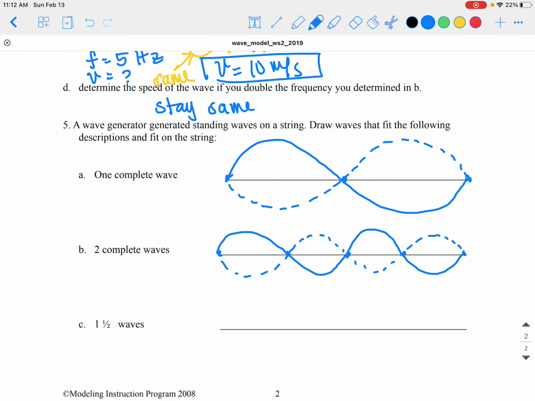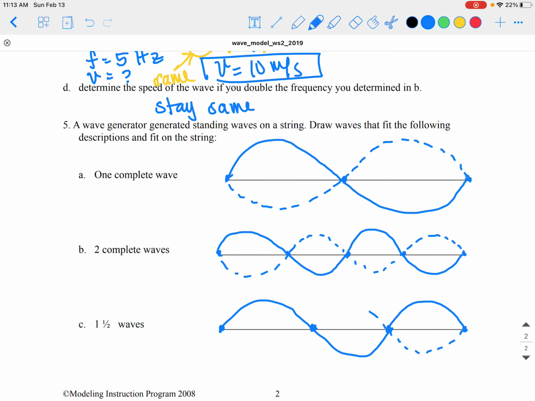So 1.5 waves has 1 complete wave, so that would be 3 nodes, and then it has 1/2 of a wave, which would create 1 loop in a standing wave. So that would be 4 nodes total. It would be 1, 2, 3, 4. This is my first wave, and this is 1 loop, which creates 1/2 of a wave.